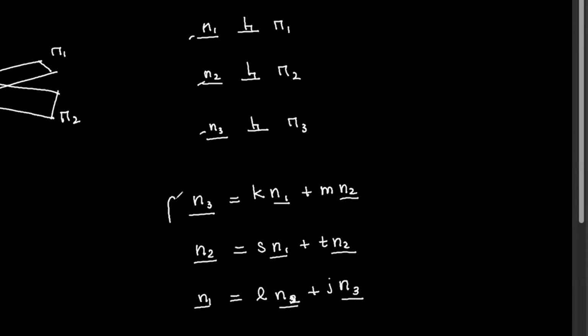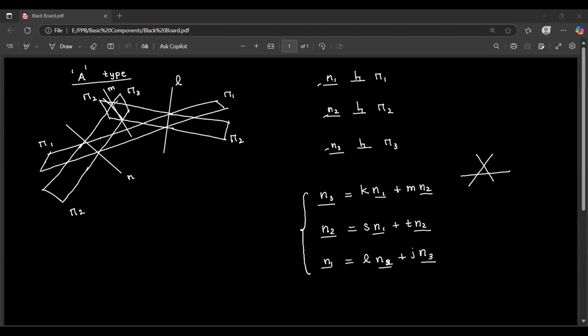Okay, if you can come up with an equation for the vectors like this, you can say they intersect in an A shape or a triangular shape or a pyramid shape. Okay, because if you look at 3D, this looks like a pyramid. Okay, it looks like a pyramid.